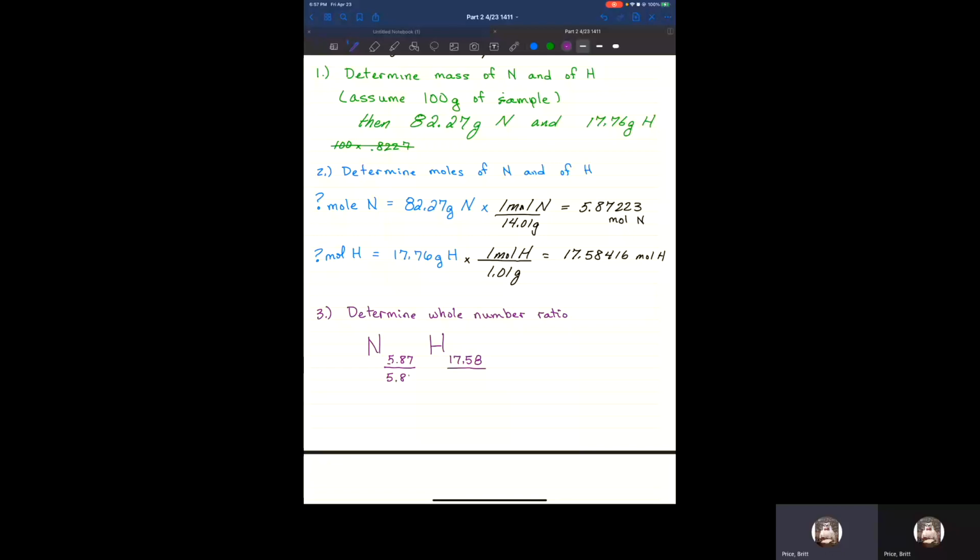So 5.87 over 5.87, N1, H 17.58 over 5.87, boom, 2.995. NH3.